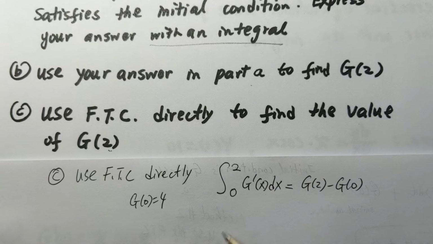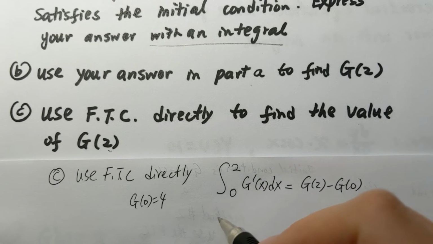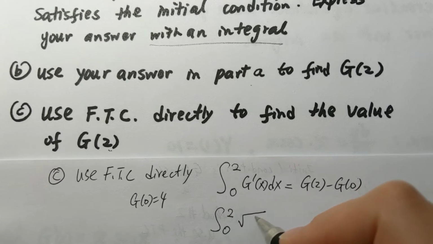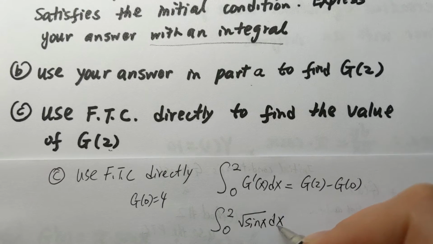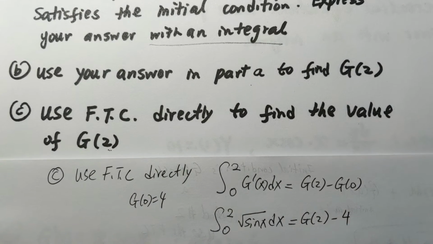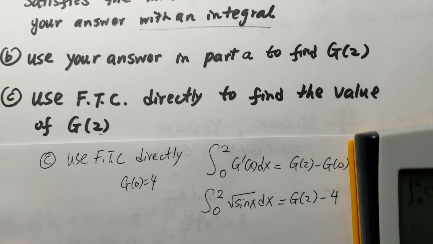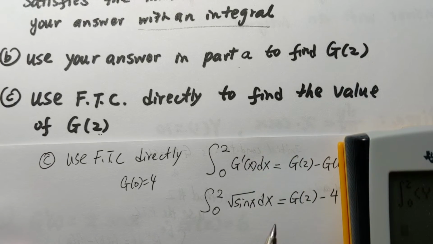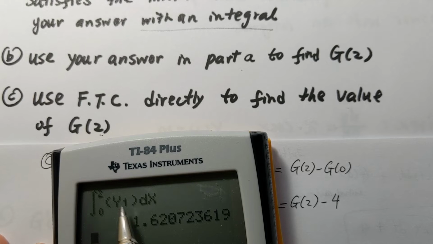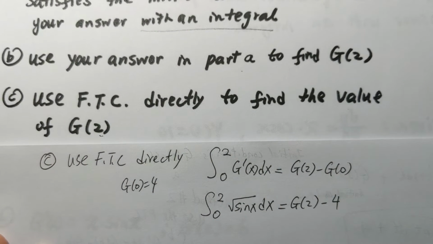You use it depending on the question. So over here we got the integral 0 to 2 of square root of sine x dx equal to g of 2 minus 4. So now we go back. It's the same method over here in the calculator. We put the integral 0 to 2, and now we stored y1 as the square root of sine x. So I got 1.6207.